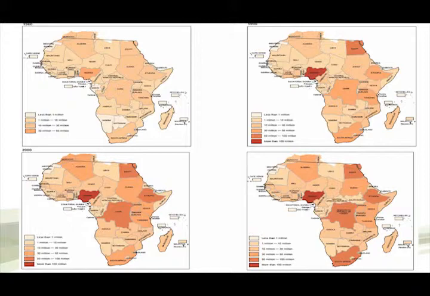In 2010, Nigeria was listed 7th on the list of 10 countries with the highest population. It now has a population of 170 million. And by 2050, I think Ethiopia and Egypt will catch up, and Nigeria will then be listed 3rd on that list of 10 countries with the highest population.